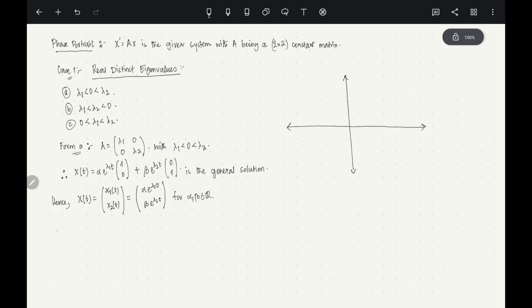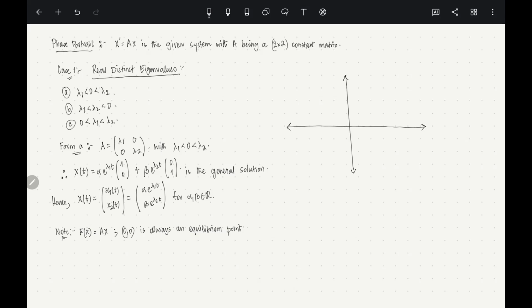So note, if you consider f(x), let's say this is A x in your case, then (0, 0) is always an equilibrium point, irrespective of whether A is invertible or not.